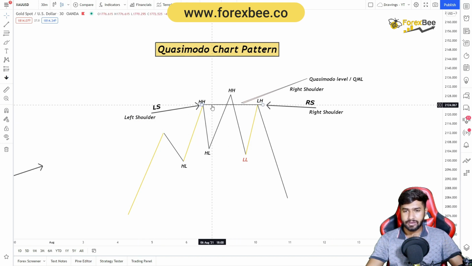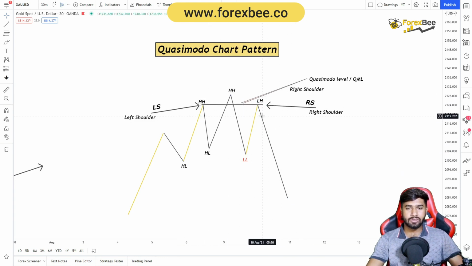And this straight line that is formed by this higher high and this lower high, which is formed after the lower low, is basically our Quasimodo level. So this is what it should look like on a chart.